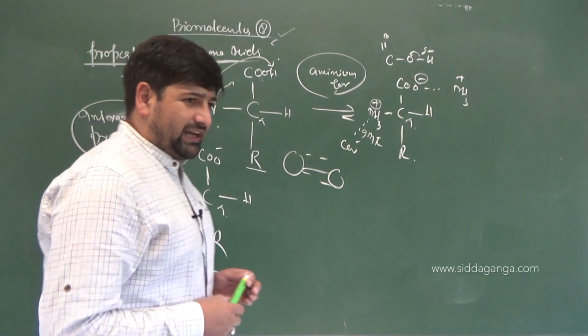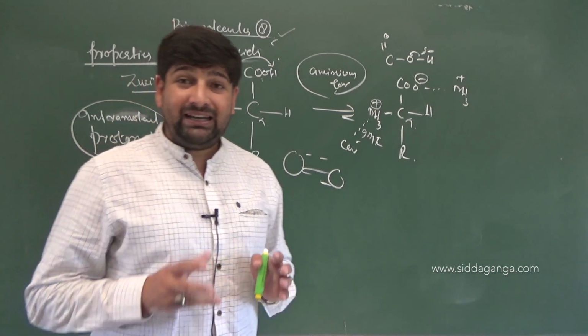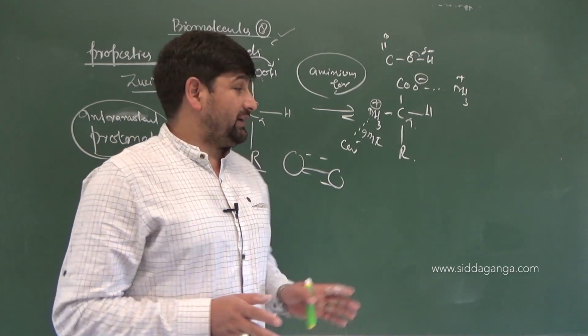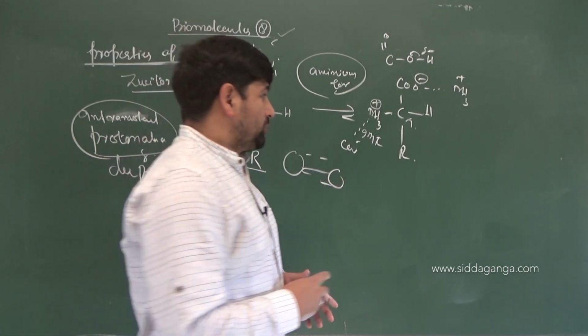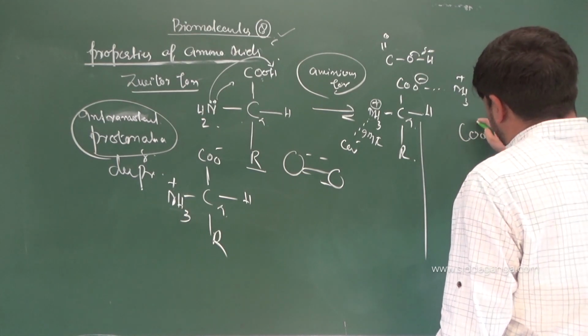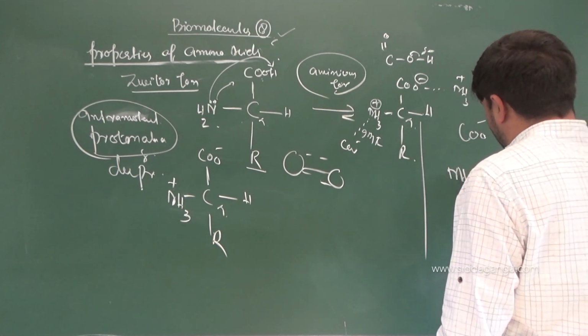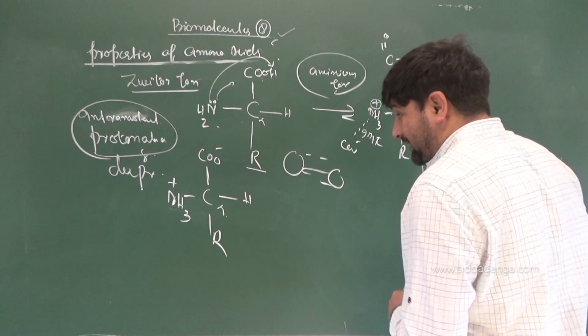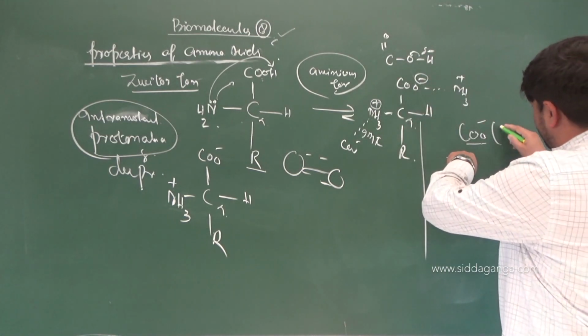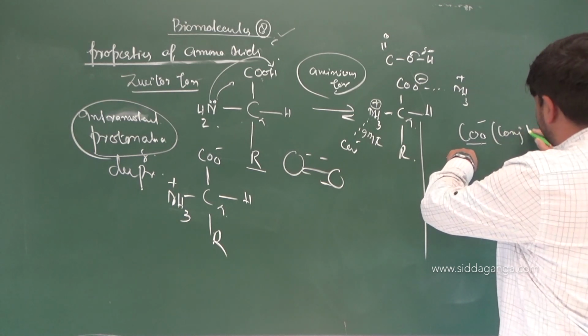If a reaction is to be shown by any amino acid, as I mentioned, most of the time amino acids are in Zwitter ion form. So if the reactions are to be shown, there is COO minus and there is NH3 plus. But now this COO minus is not an acid, it is a conjugate base.